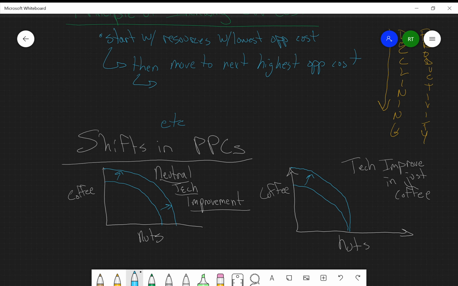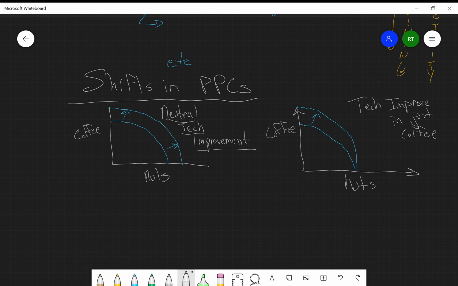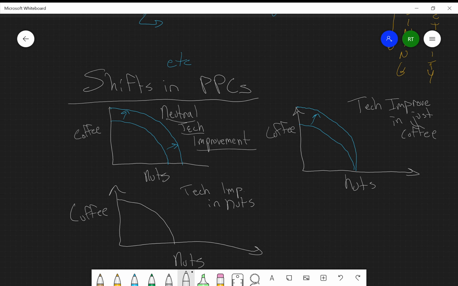So it would pivot from the hinge, so to speak, on the nuts axis. And of course, for completeness, right, we've got to talk about a technical improvement in nuts. Something like that. Maybe my pen and colors will catch up. There we go. So pivoting around the coffee axis.